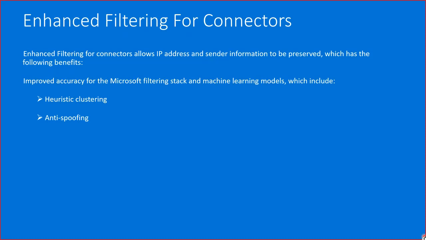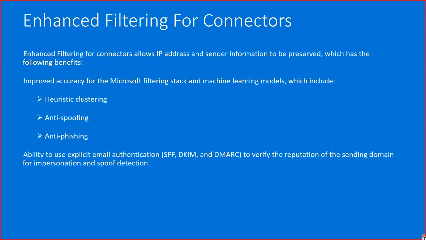When we enable enhanced filtering for connectors, we are able to do the right analysis on the source of the message and take the right actions. That improves the overall experience from an end user standpoint, where you can expect fewer false positives or false negatives, because the health check was done against the real source of the message rather than the service or on-premise environment it was routed through.